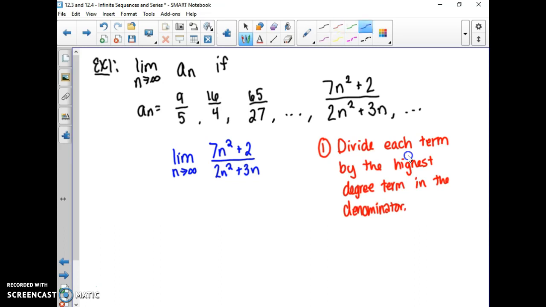So what that will look like for this problem is we will say the highest degree term in the denominator is this 2n squared. So we're going to divide everything by n squared.